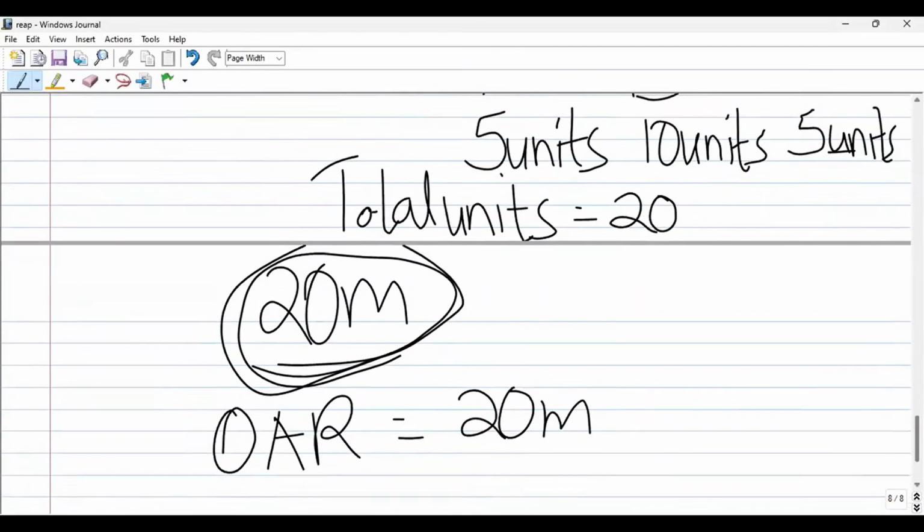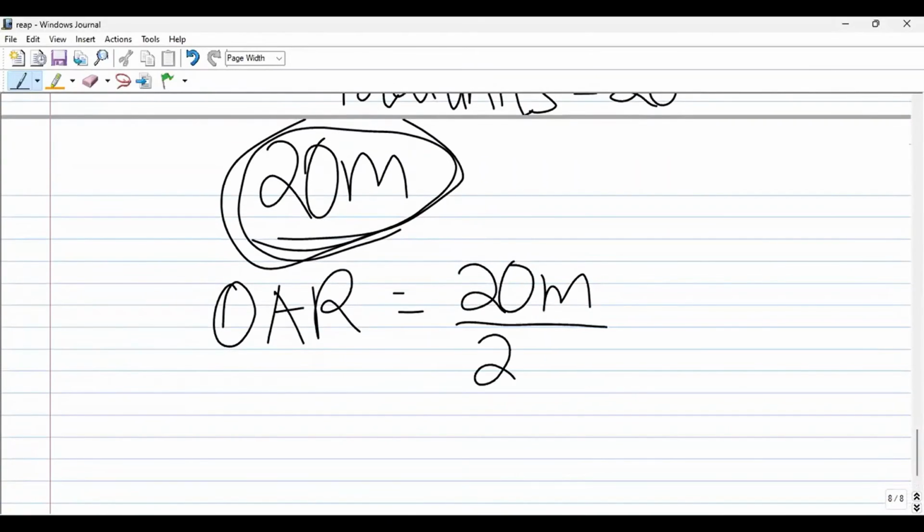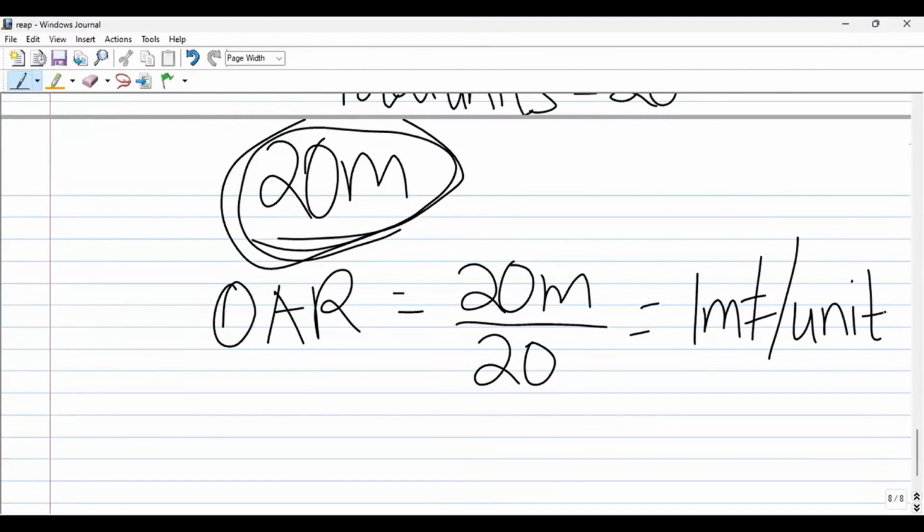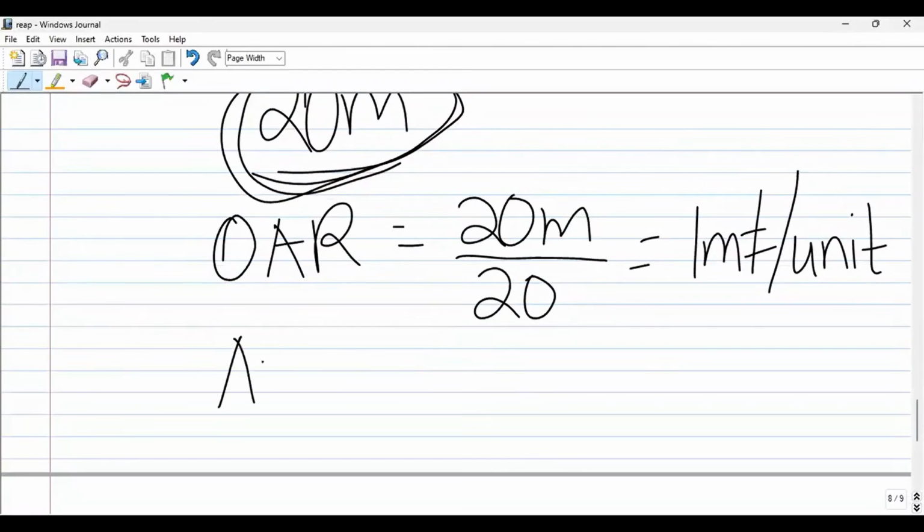My total output is 20 units, so I divide by 20. That gives 1 million shillings per unit, because up I have shillings, down I have units. It means that each product is going to be charged 1 million shillings per unit produced. So to see how much product A is going to incur, I take 1 million times the number of units product A brings.